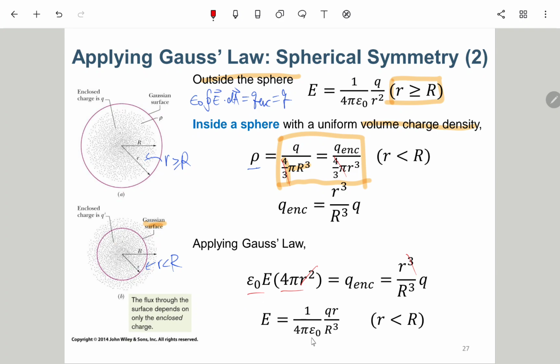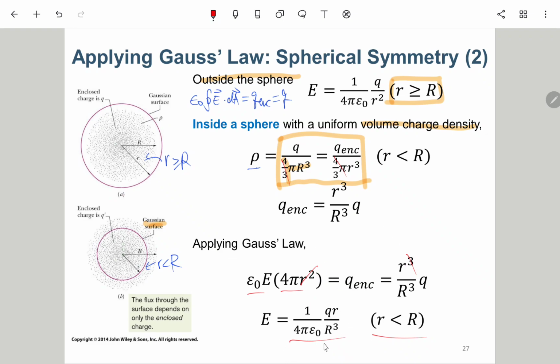So here we have 1/4 pi epsilon naught, which is k, and on the right side we have Q r over R cubed.